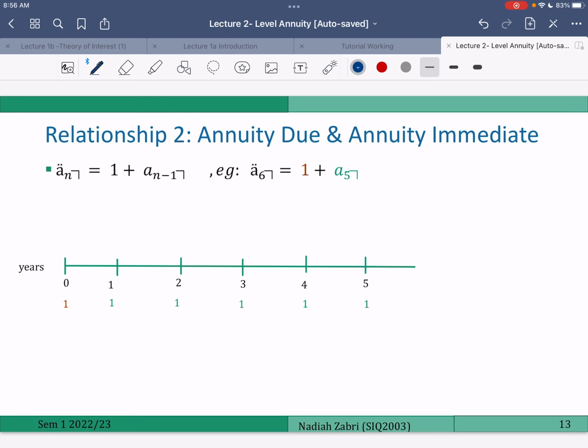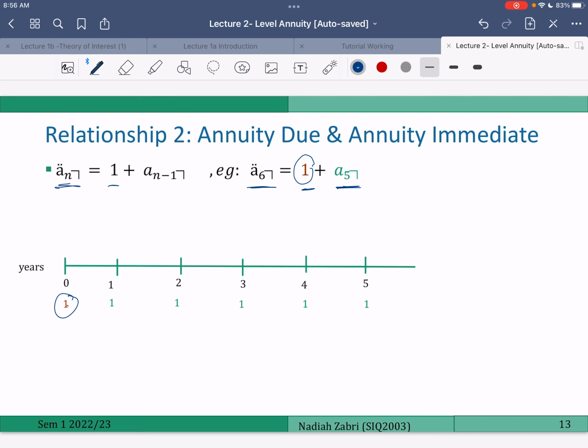Relationship number 2. Okay. A double dot angle N is equals to 1 plus A angle N minus 1. What do we mean by that? Let's look at an illustration. A double dot angle 6 is equals to 1 plus A angle 5. Okay, so let's look. The red one, 1 is here, this payment.